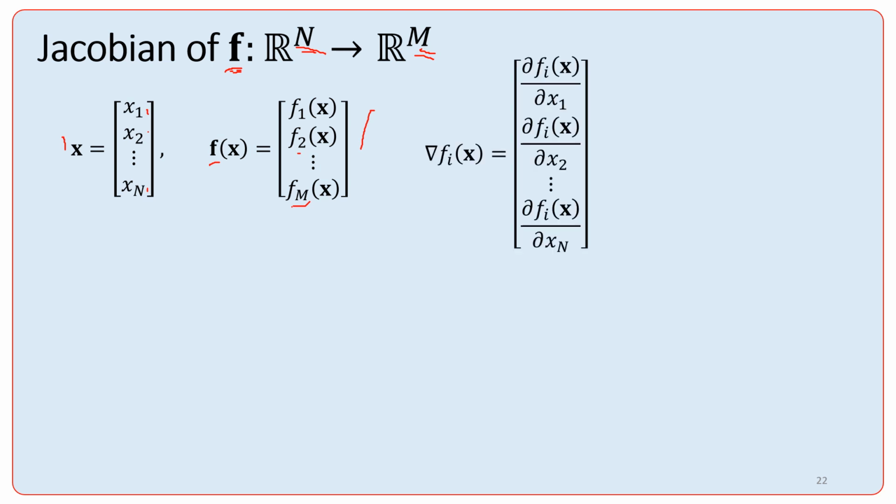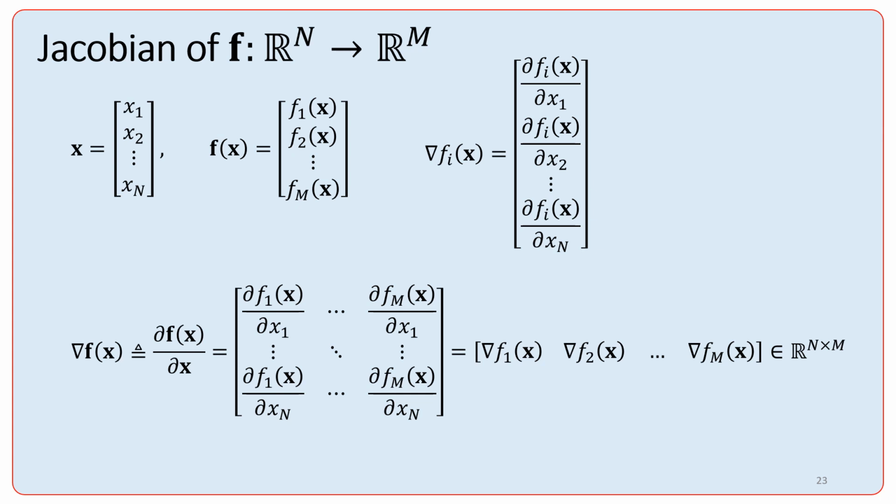The gradient of each of these scalar functions f i of x is defined as before: partial f i over partial x1, partial f i over partial x2, up to partial f i over partial xn. So this is the gradient of each scalar function f i of x in the vector function. Using these gradients, we can now define the Jacobian of the vector function, which is nothing but the gradient or the derivative of the vector function f of x.